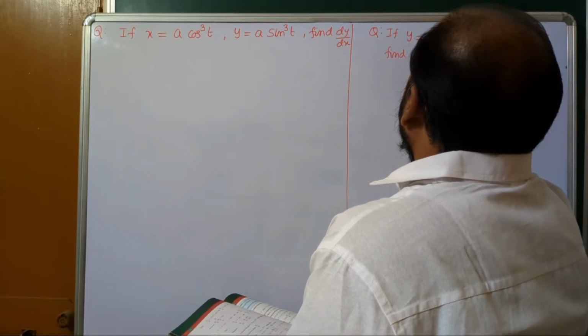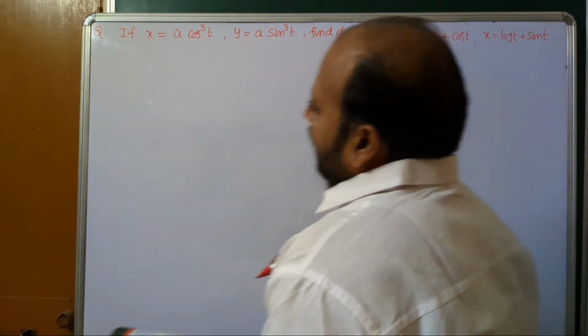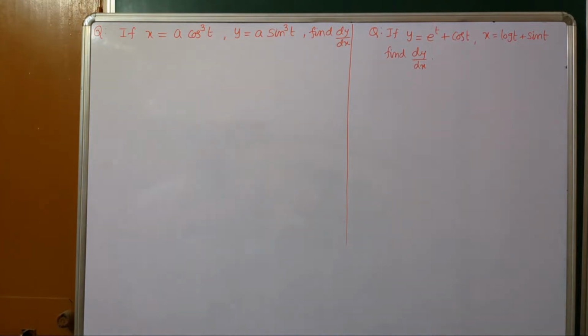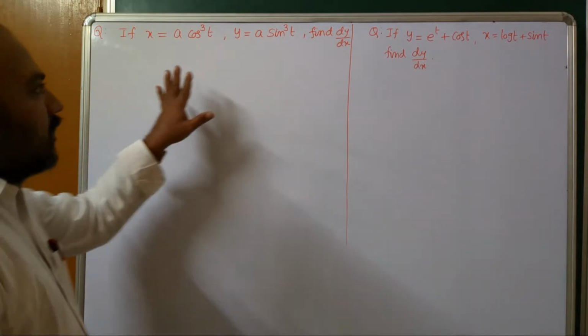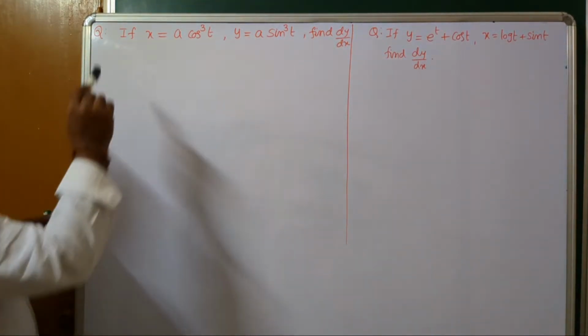Both the questions are 2 marks. And this question they asked number of times, repeatedly they asked. How to find out this derivative? This is very important.